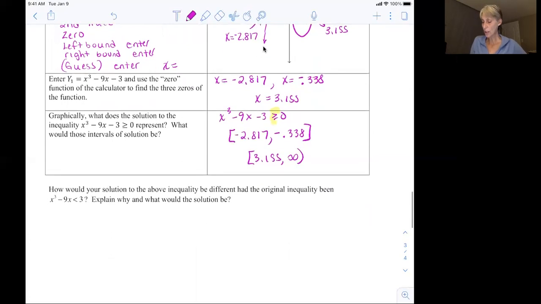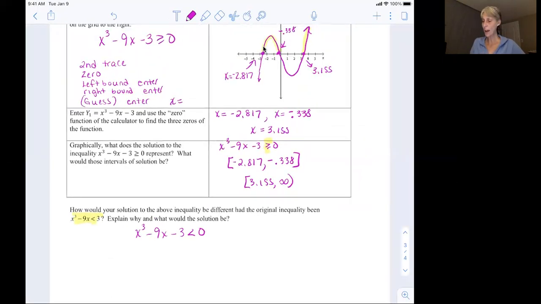How would your solution set be different if this was our original inequality? Remember, bring everything to one side, except now when we're graphically identifying our solution set, we're going to pick where the graph is below.